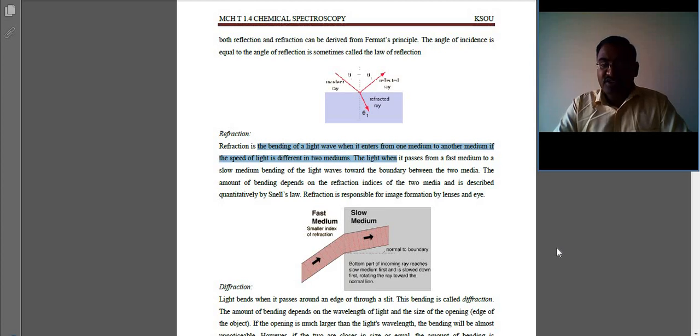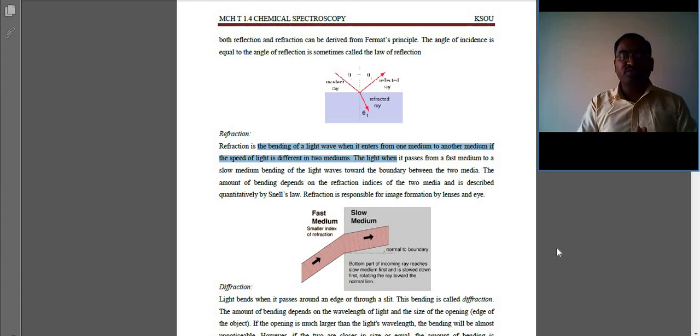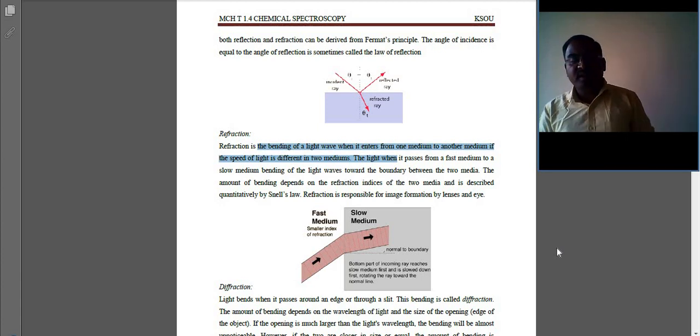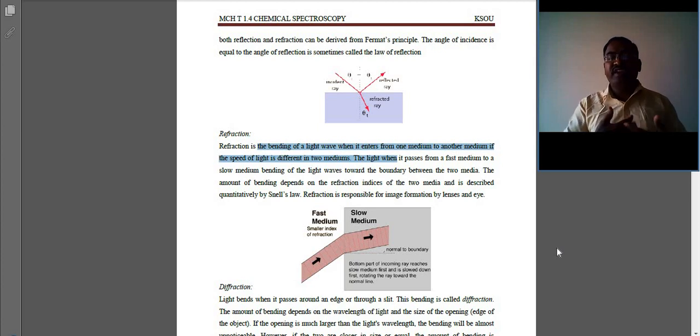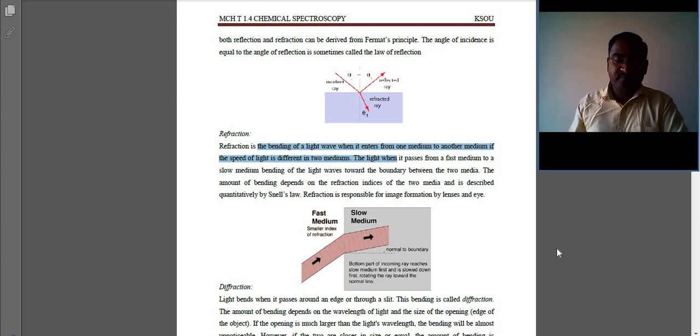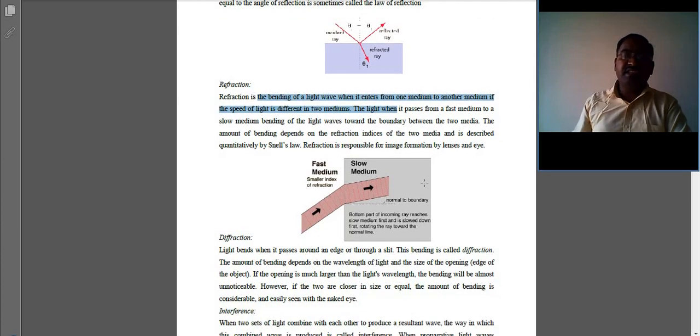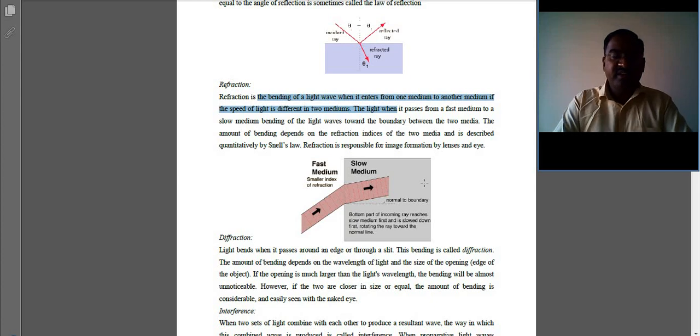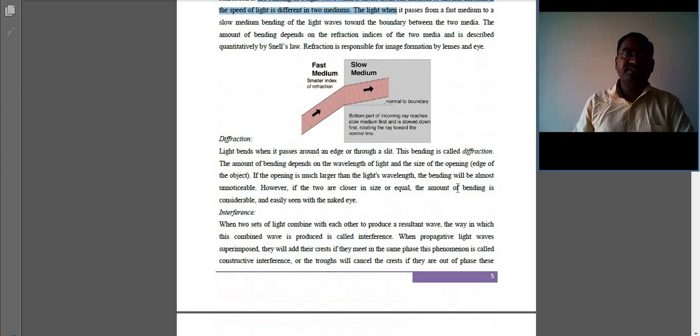When light passes from a fast medium to a slow medium, the light waves bend towards the normal to the boundary between the two media. With the help of Snell's law, we can calculate the refraction value of that light.